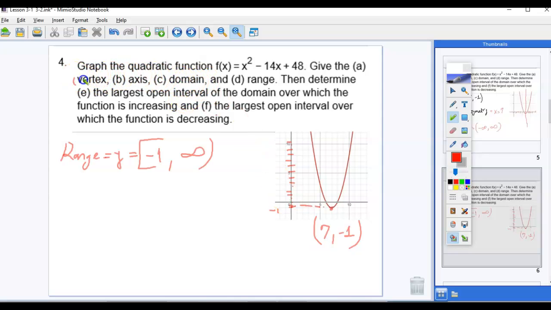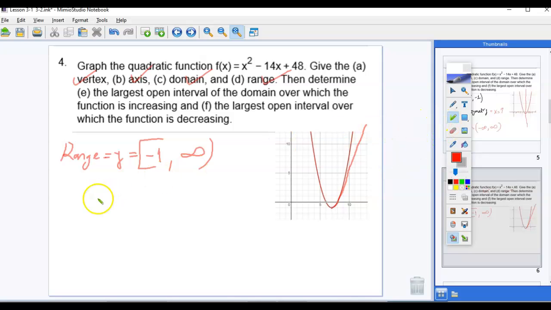Okay, we are done with vertex, axis of symmetry, domain, range, and then determine the largest open interval of domain over which it is increasing. Look, at which point has this graph been increasing? As you're seeing, starting here, this graph has been increasing.